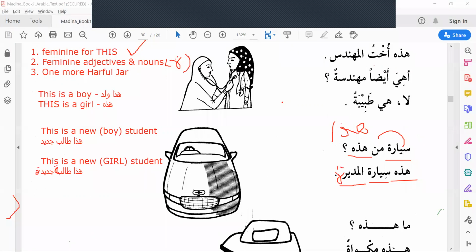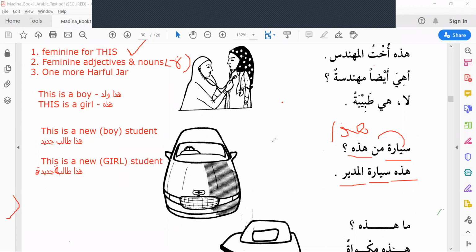Mudirati means female principal's car. But if there is no ta, then it refers to a male, masculine principal. Hadihi sayyaratul mudiri. This is the principal's car.